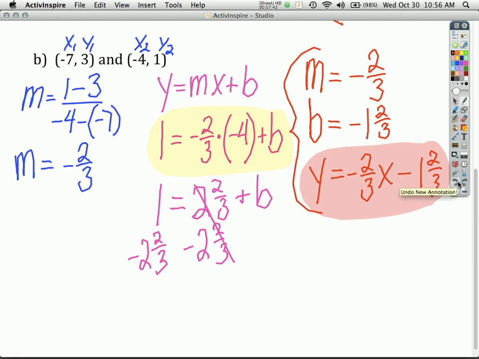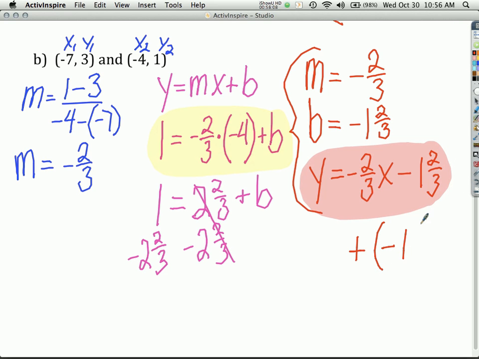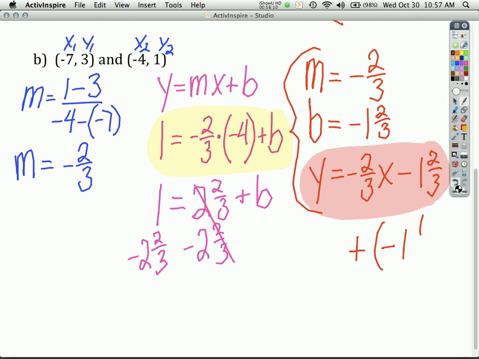Kamoy, and then I've got to move on. Like, for some reason, always confuses me, but when you're writing the y equals equation, I thought you told me one time that you had to write y equals negative 2/3 x plus negative 1 2/3. I did not say that. I might have said that if it's plus a negative, we don't write plus a negative, that you have to change it to minus.